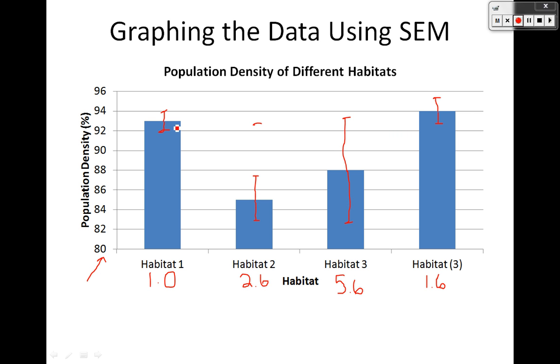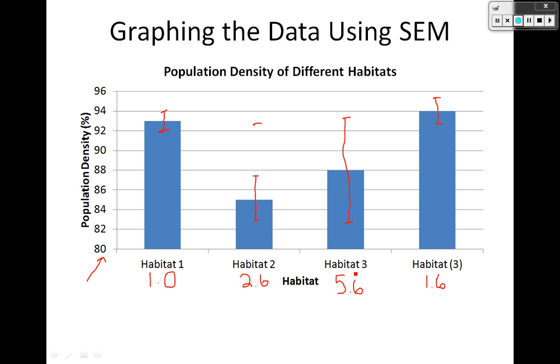And this you cover in both your conclusion and possibly your analysis of error. So in my analysis of error, I would talk about why I'm using this modified habitat 3, because I've talked about what error I found in that data point and why I took it out. So I talk about that in analysis of error.